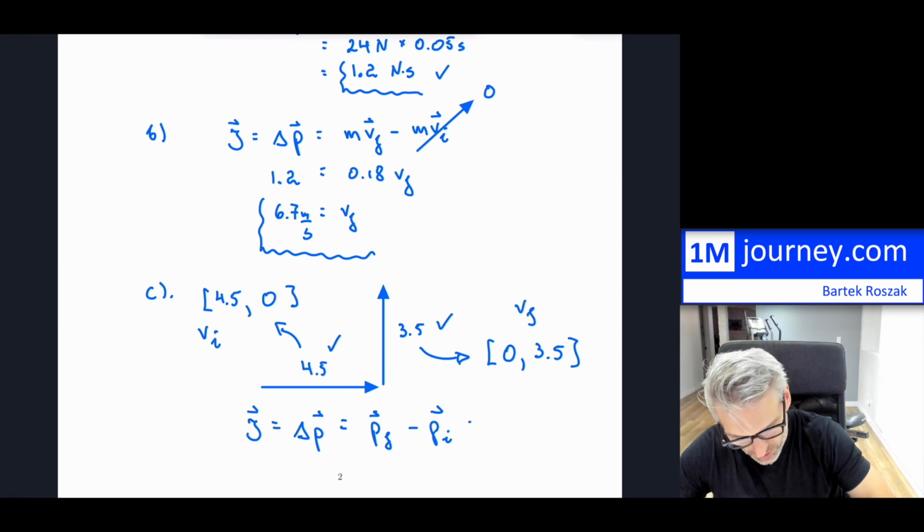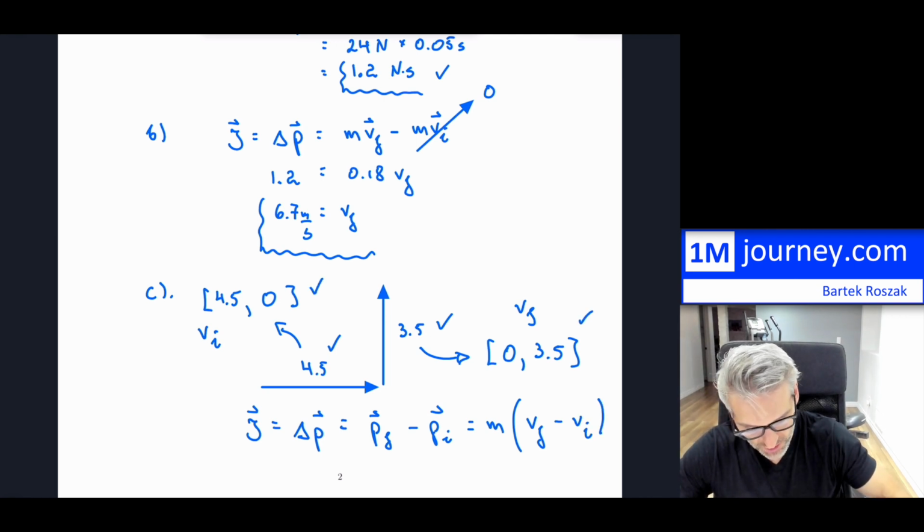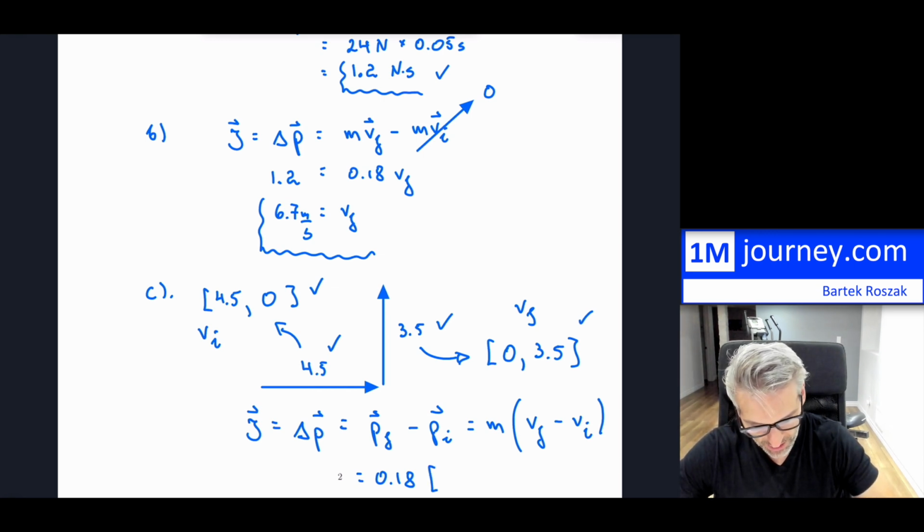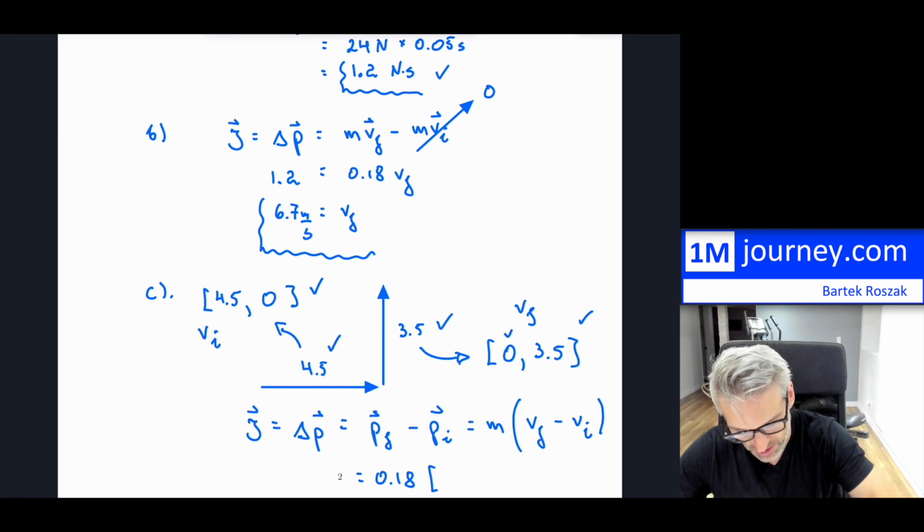So now if you substitute this back in, it would be your mass, and then you can substitute your velocities, Vf minus Vi. You can work them with regards to the vectors. So what you will have overall is mass is 0.18, and then your final velocity, notice the x components, which is 0 minus 4.5 because of that subtraction.